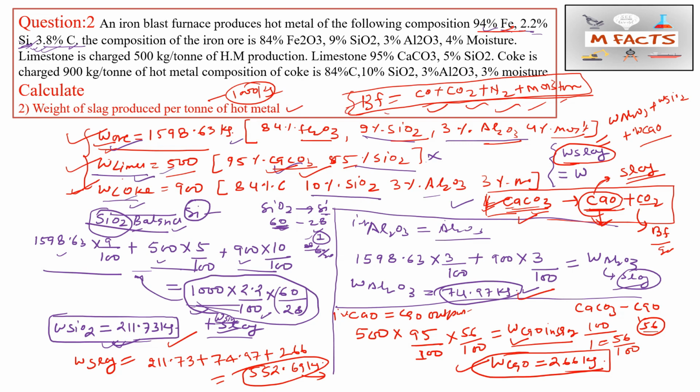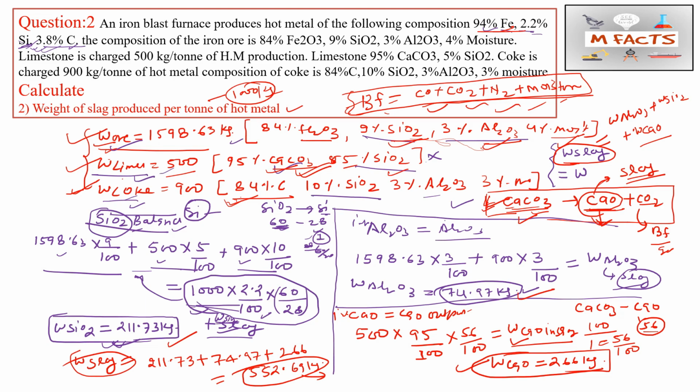Here we have to find the slag composition. That's why we balance this SiO2, this Al2O3, this moisture, this CaCO3, and all these things here. We did not balance the carbon, because this carbon will directly react with O2 and go into the blast furnace gas.